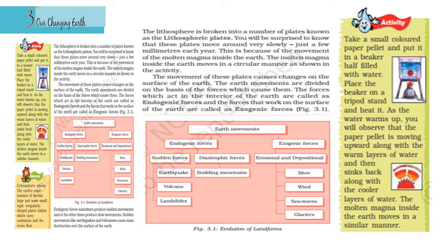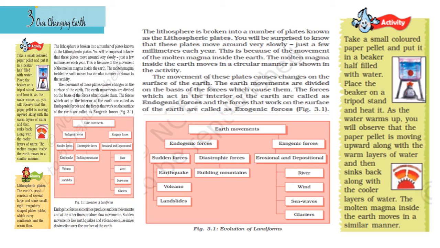Exogenic forces work in two ways: erosion and deposition. Erosional and depositional work is done by exogenic forces. The main agents which bring changes on the earth's surface, that is exogenic forces, are river, wind, sea waves and glacier.